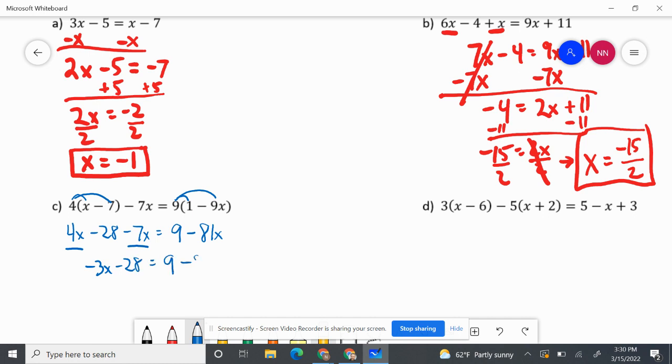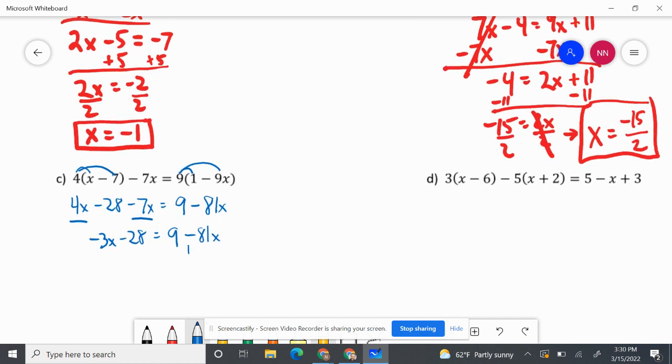And my next step is I want the x's on one side. So I'm going to take the negative 81x and add it to the other side. And when I add it to the other side, I'm adding the opposite. So we get 0. 81x minus 3x gives me 78x minus 28 equals 9.